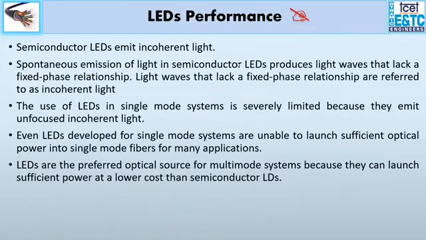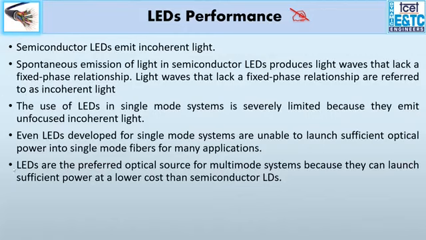So LED, if we look at the performance, gives you an incoherent light source with a larger spectral width, which can be used for short distance signal transmission. For higher efficiency, we can use double heterojunction structures, and even the edge emitting LEDs give us a more defined radiation pattern where we can feed more power into the fiber.